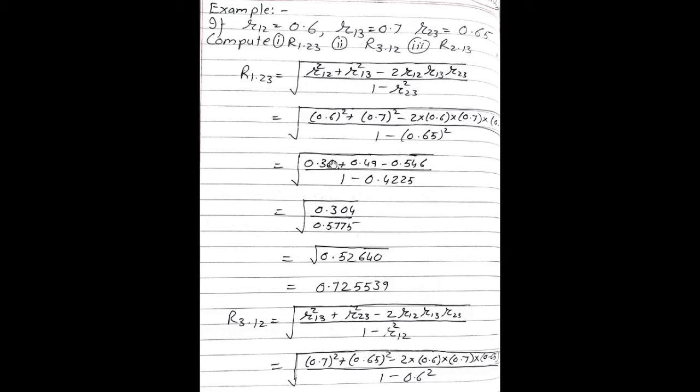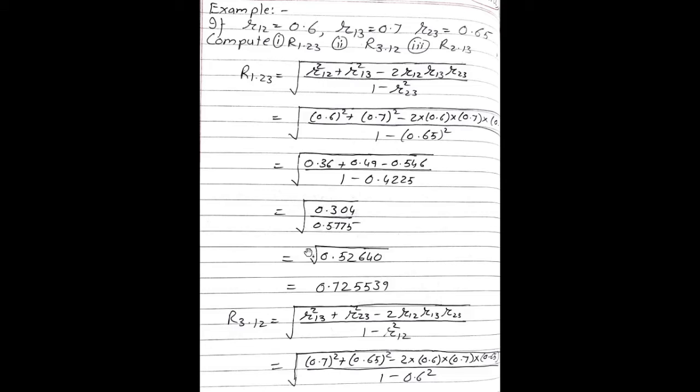So 0.6 square is 0.36, 0.7 square is 0.49, and the product of these terms is minus 0.546, divided by 1 minus 0.4225. The numerator becomes 0.304 divided by 0.5775.